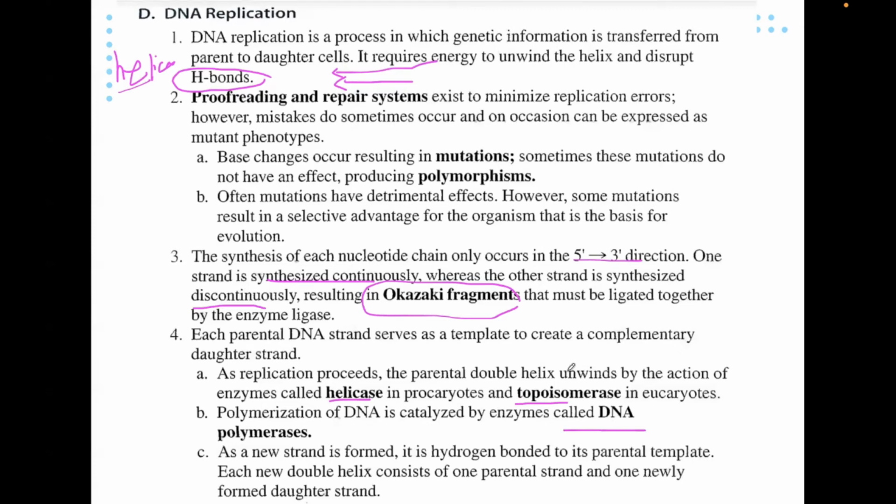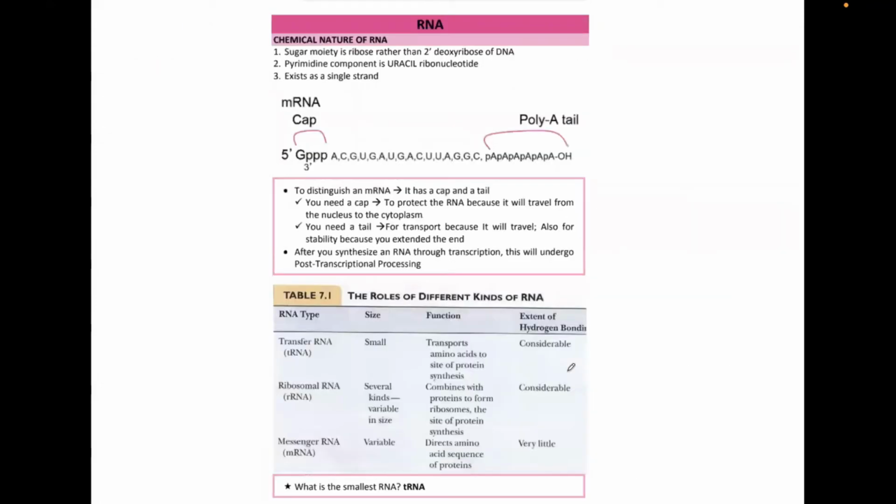Doon sa dulo, merong tinatawag na mga topoisomerase for the eukaryotes. Kapag sa prokaryotes, yun yung tinatawag natin mga DNA gyrase. And then, as a new strand is formed, it is hydrogen bonded to its parental template. Each new double helix consists of one parental strand and one newly formed daughter strand.